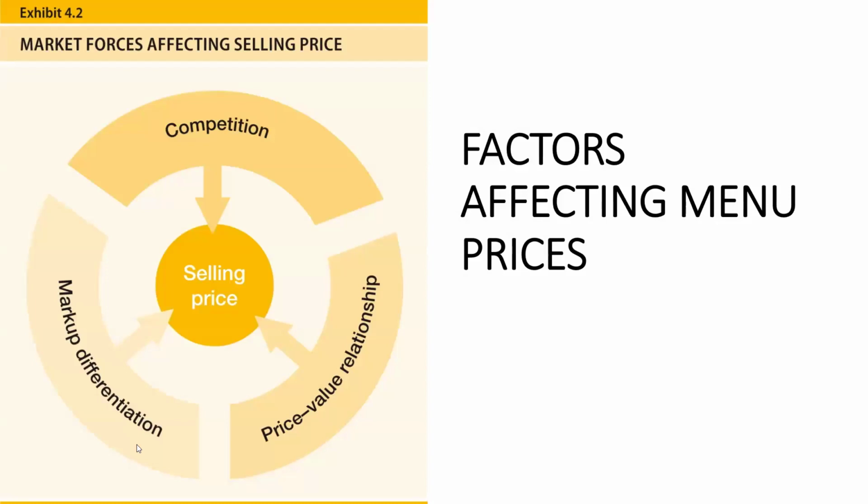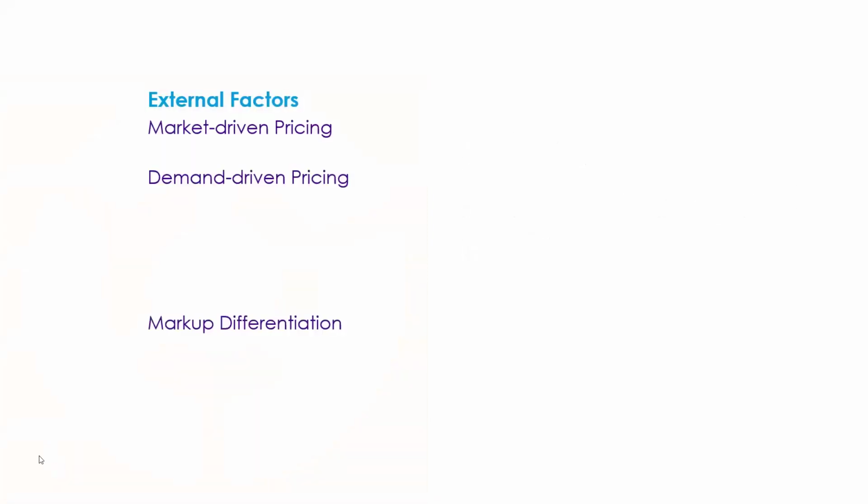Now, we have some areas that are affecting how much we sell our items for. There are 4 areas that are external, meaning they are outside of our restaurant, which means we have no control over them. One of them is market-driven pricing.